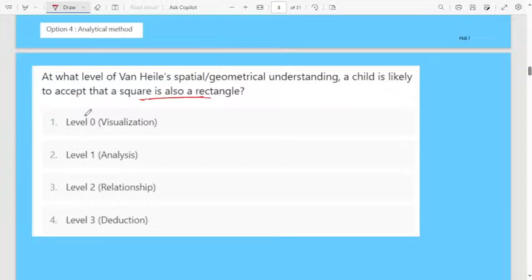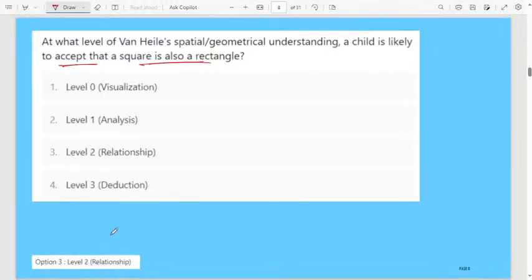Option 1, level 0, visualization. Level 1, analysis. Level 2, relationship. Level 3, deduction. The correct answer is level 2, relationship, because a square contains 4 sides, 4 angles.